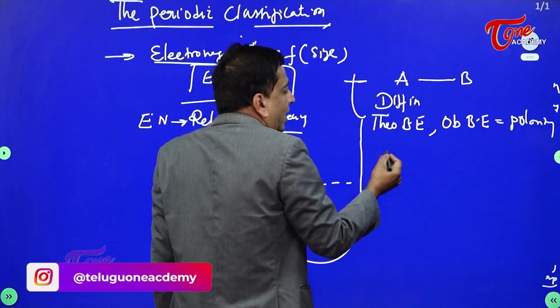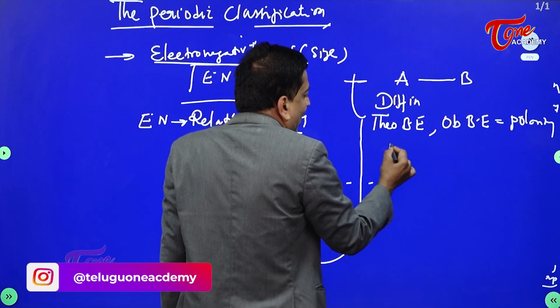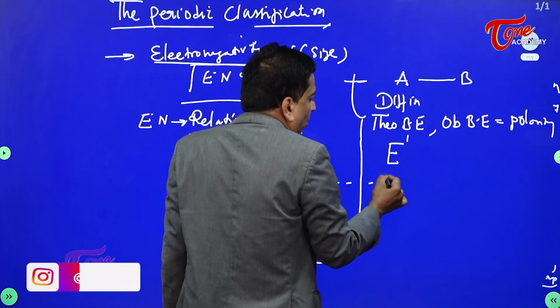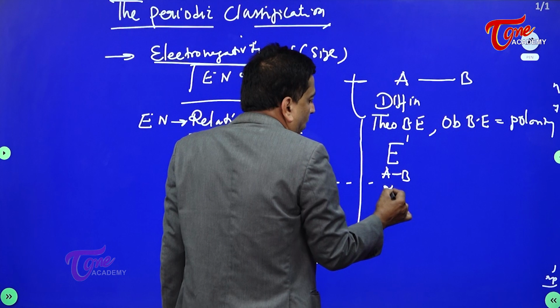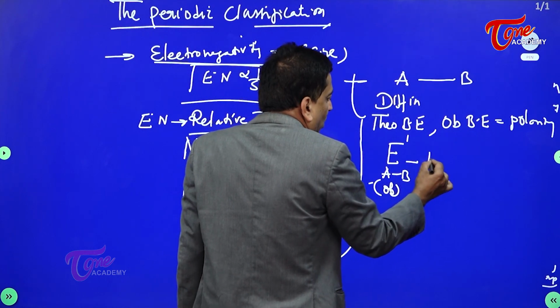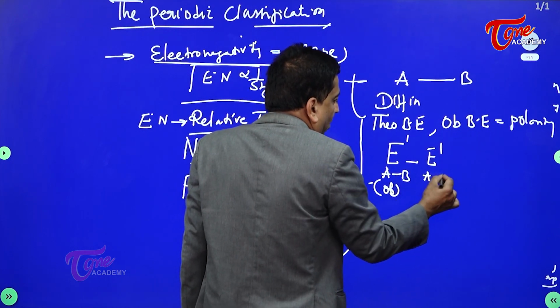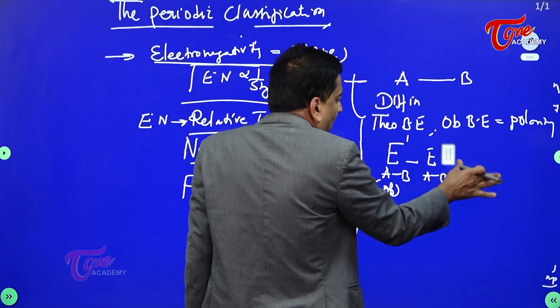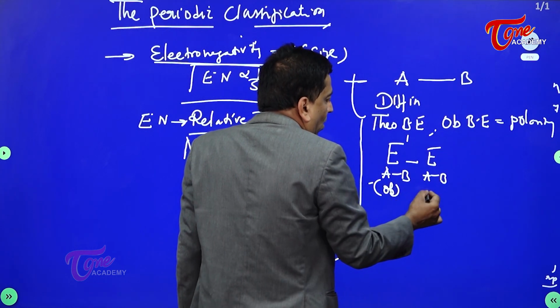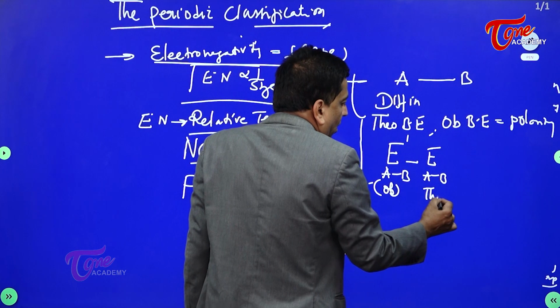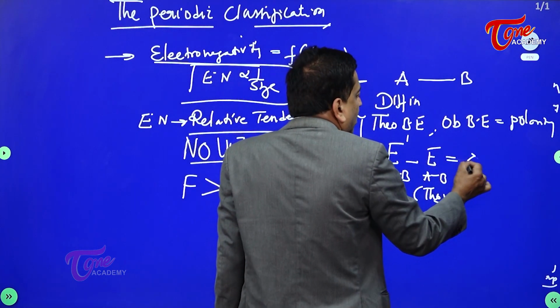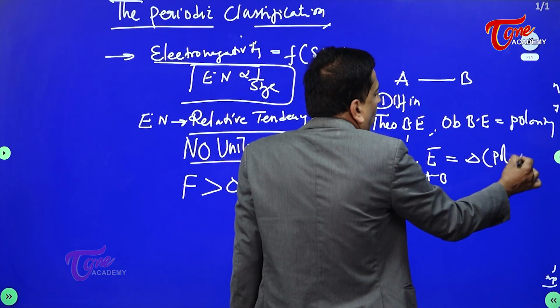So I can simply say E' of AB, which is observed, minus E of AB, which is theoretical. The difference between these is called delta, and this delta is called polarity.